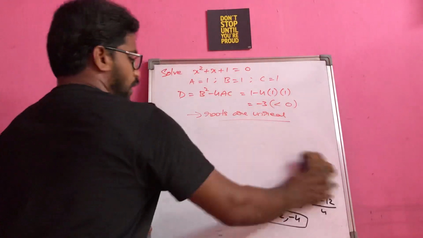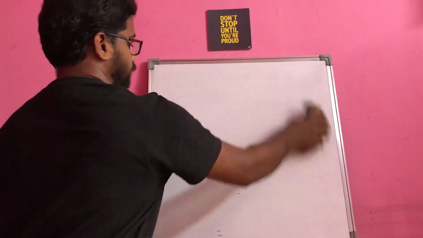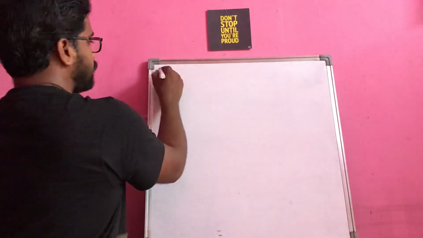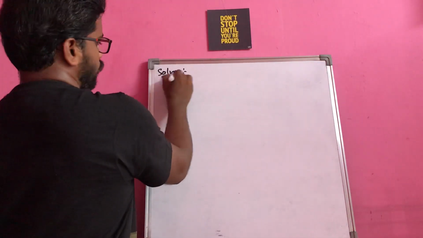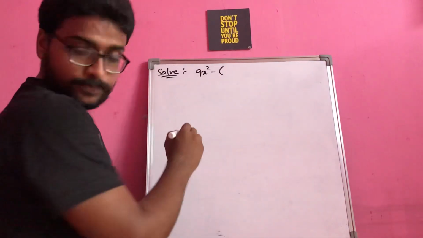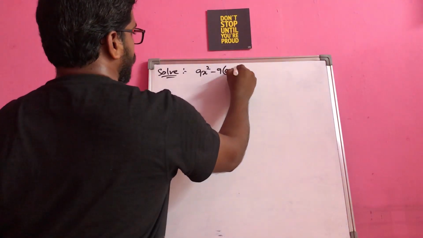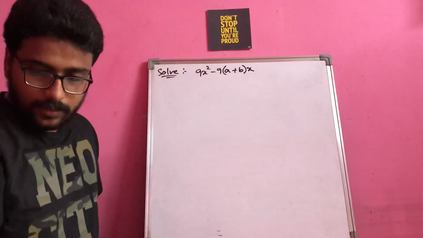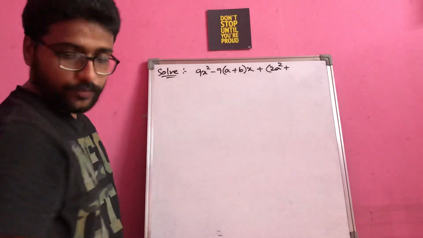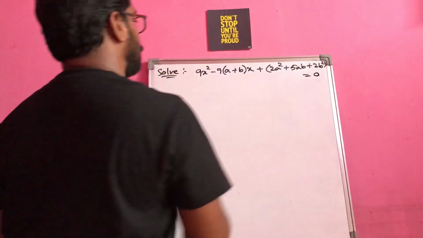Now let us solve one last question which involves some constants. See like this. Solve for x. That means solve for x means you are finding the roots only. 9x square minus 9 times of a plus b into x, and the last one 2a square plus 5ab plus 2b square is equal to 0.